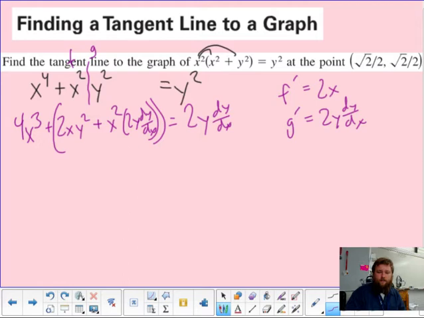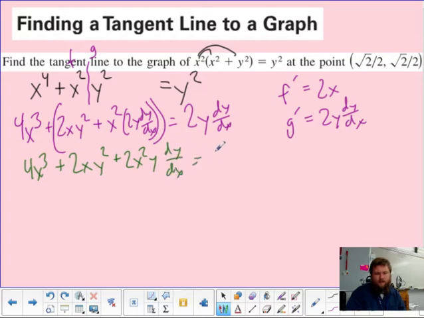All right, going forward, let's clean up these parentheses. So 4x cubed plus 2xy squared plus 2x squared y dy/dx equals 2y dy/dx. Rearranging, the dy/dx terms are on the left, so I'll subtract these and move the others over.